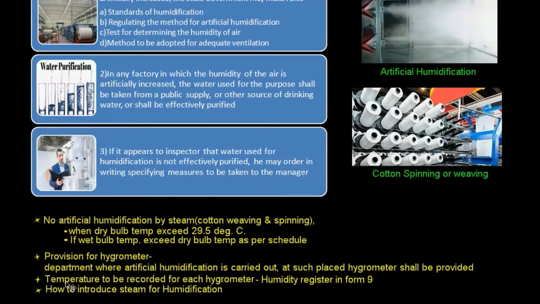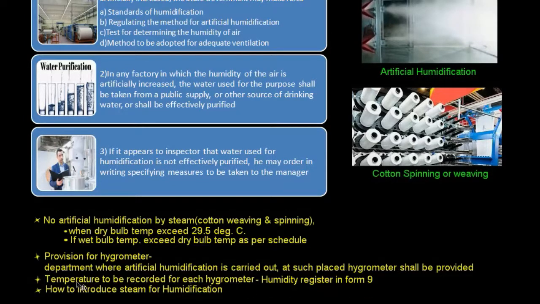The next one is that the temperature is to be recorded for each hygrometer in the humidity register in form 9. You need to take at least 3 readings, and in exceptional cases more than 3 readings. All these readings you have to enter in the register in form 9.